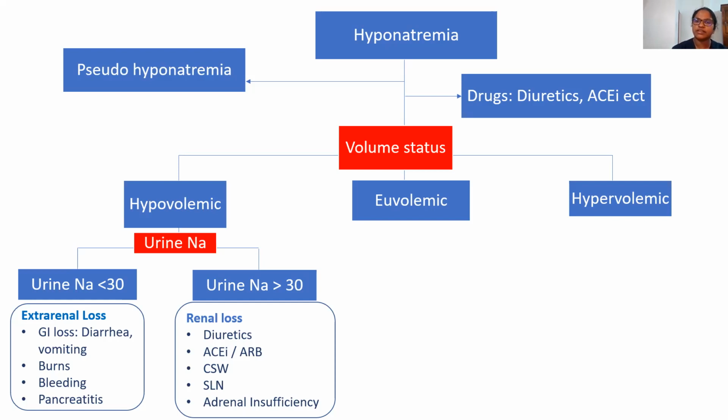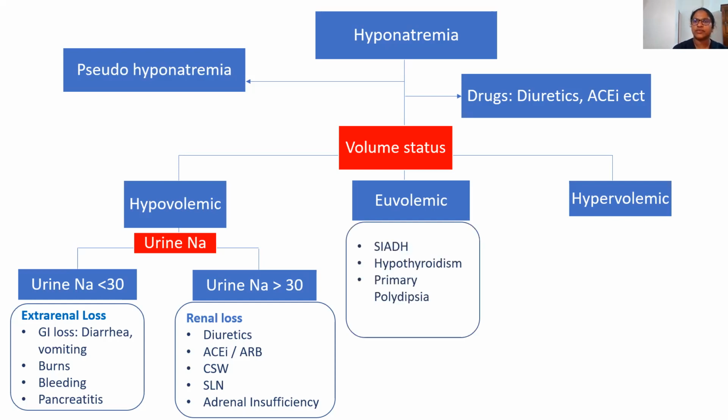What if the patient is euvolemic? There are only a few diagnoses. If the patient is euvolemic, the diagnosis is either SIADH, hypothyroidism, or primary polydipsia. You can easily differentiate polydipsia from SIADH by urinary osmolality. If the osmolality is less than 100, it is primary polydipsia. More than 100, it could be SIADH or hypothyroidism, and you need a TSH as well.